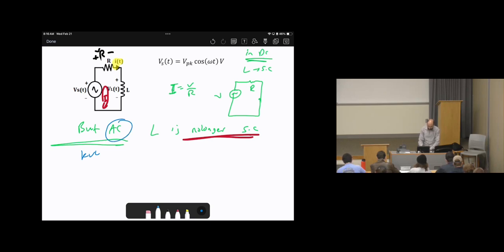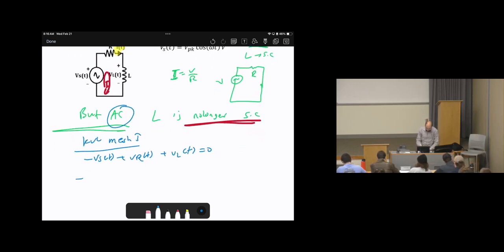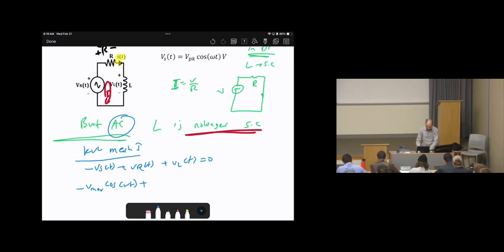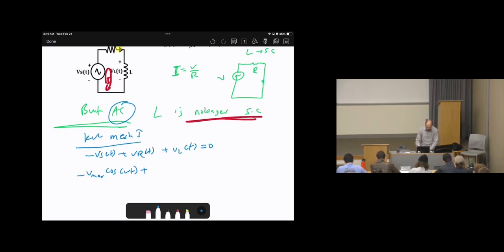KVL in AC, mesh 1. Start from the left bottom corner, then go counterclockwise. So it is negative Vs(t) plus Vr(t) plus VL(t) equals 0. Then substitute. Vs(t) is given as V peak, or V max, cosine omega t. Vr(t), for the resistor, you can use Ohm's law, which is I times R, so R times i(t).